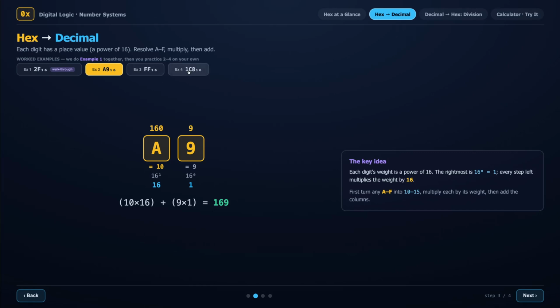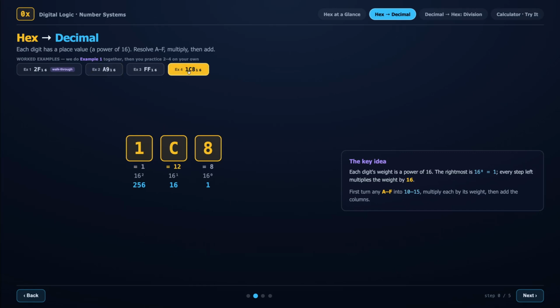So let's go over one more example of that. Let's take 1C8. All right, so 1 is a hex symbol. The 4-bit pattern would be 0001. We know what C is. C would be 12. The 4-bit pattern is 1100, and then 8 is 1000.